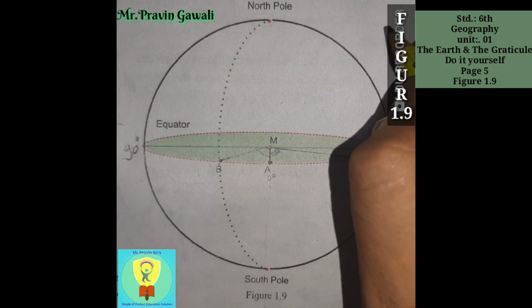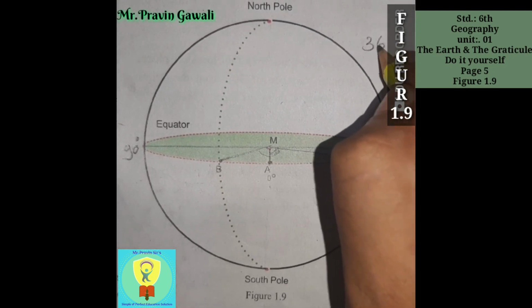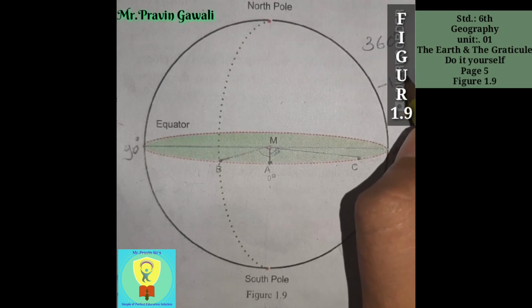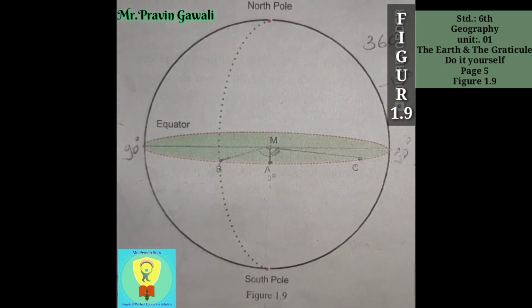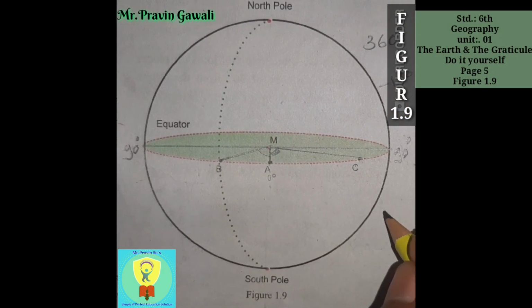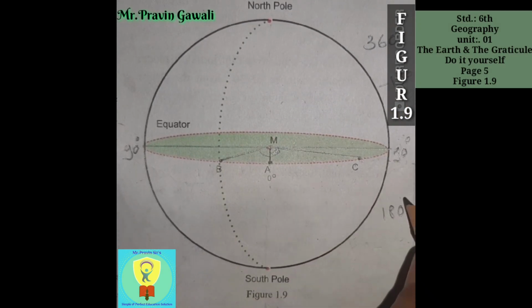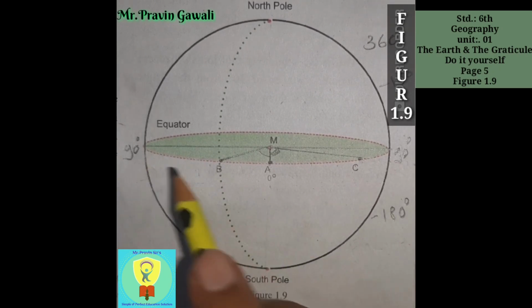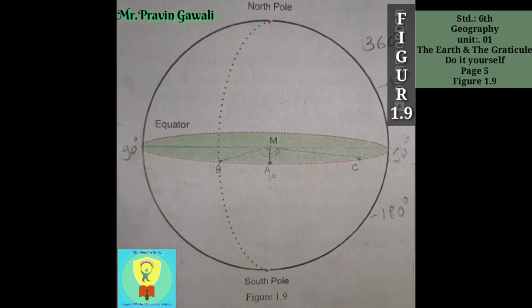Total how many degrees do we know? 360 degree. This side is 180 degree and this side is 180 degree. I am writing it for our convenience, for more understanding. So 90, 180 degree.